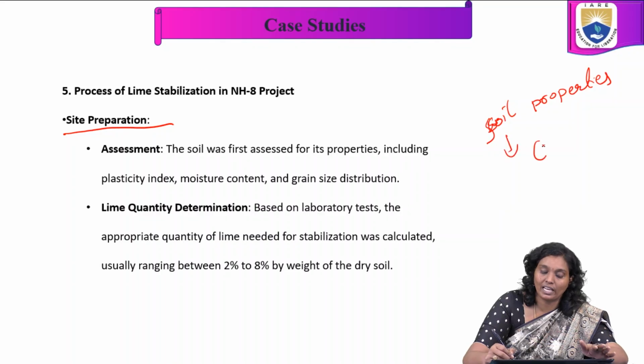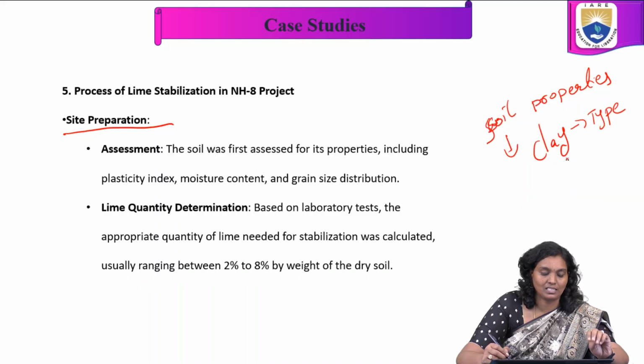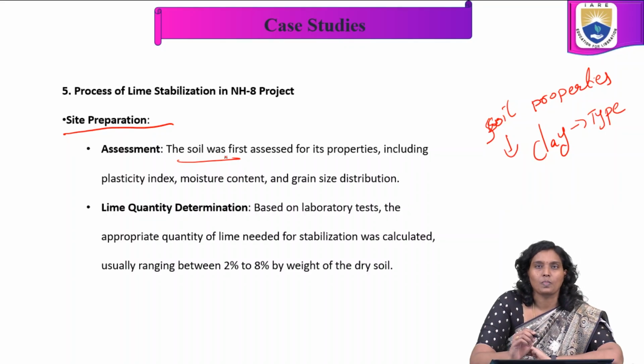Here we know those are clay soils. After that, we get the numerical values using the soil sample: the plasticity index, moisture content and grain size distribution. First we assess the soil to know about its properties.